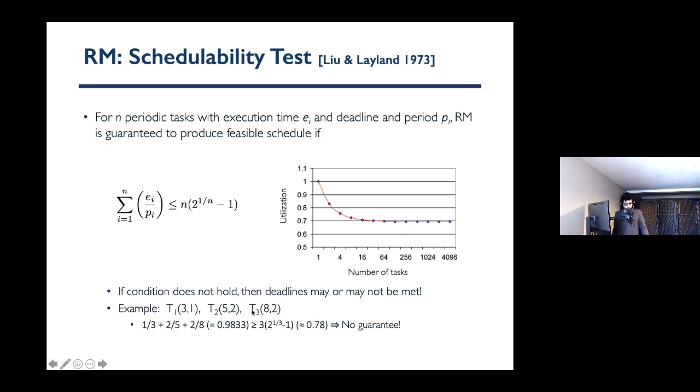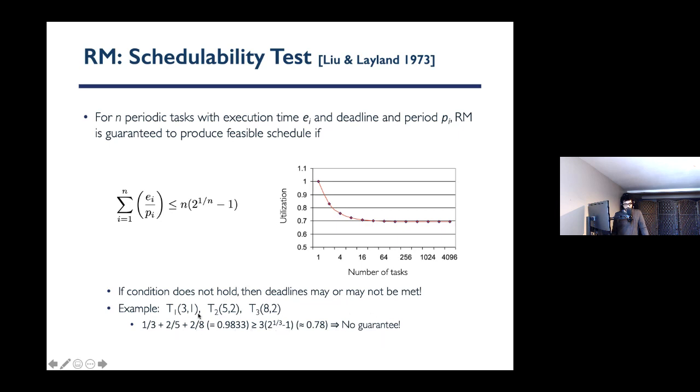Here is an example. If you add up the utilization, 1 over 3, 2 over 5, and 2 over 8, these are the utilizations, so the total utilization is 98%. And 98% is more than 78%, so this is not met. This inequality doesn't hold.